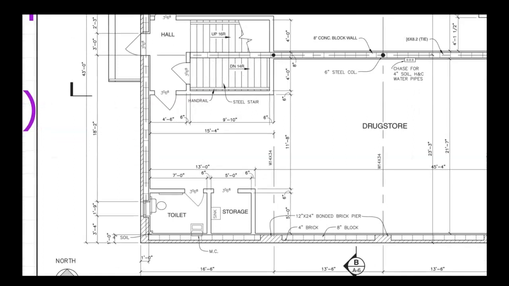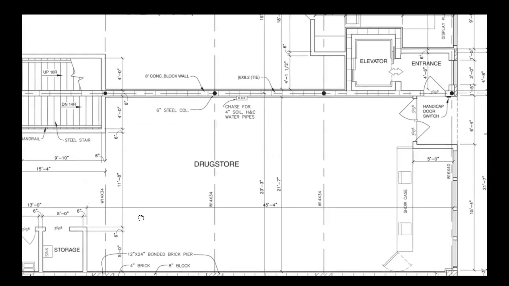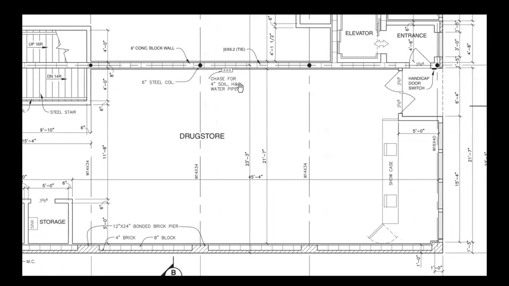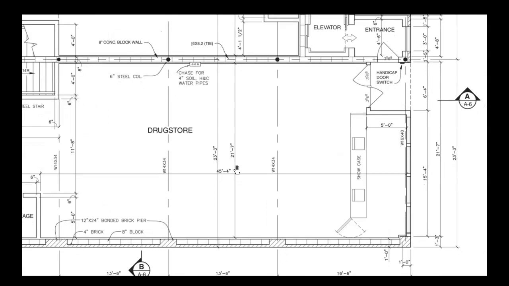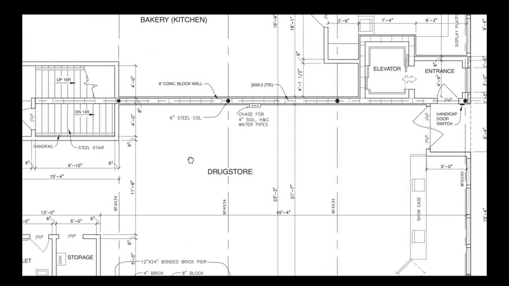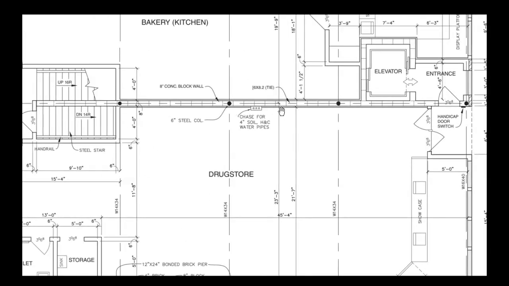There we go. So this is telling you 15 feet 4 inches. This is telling you that this little pit right here is 9 feet 10 inches. It's telling you where the steel stairs are, where the handrail is supposed to be. Basically, it's meant to do what it's doing, which is label everything. It looks like it's also showing you how to run the HVAC as well.